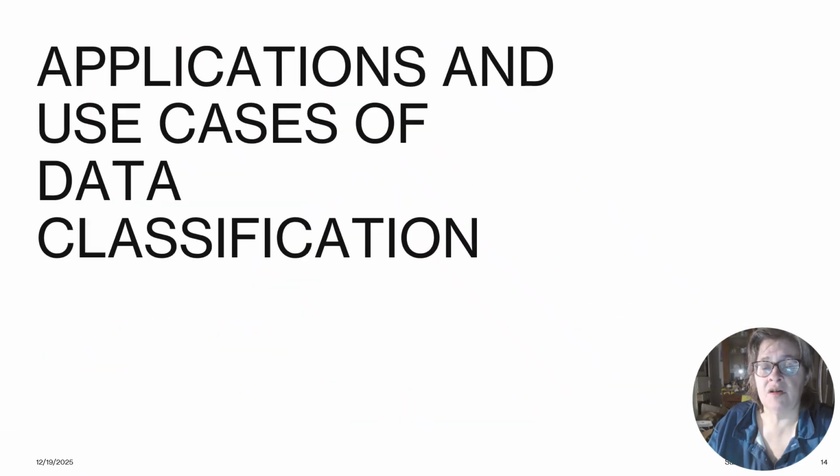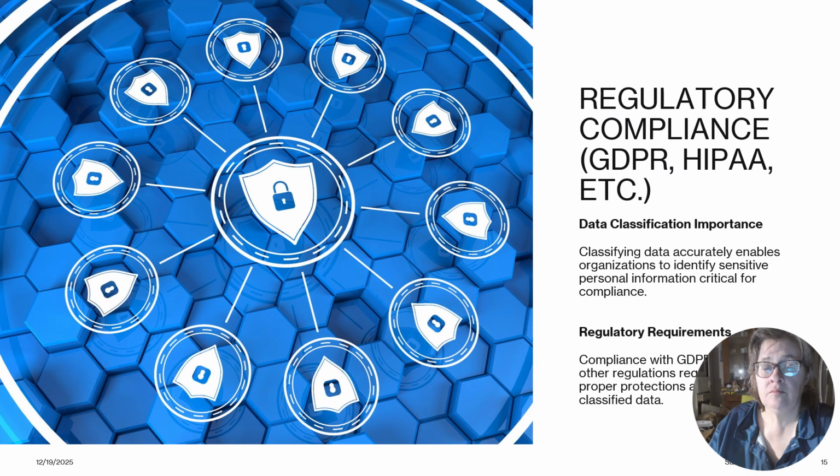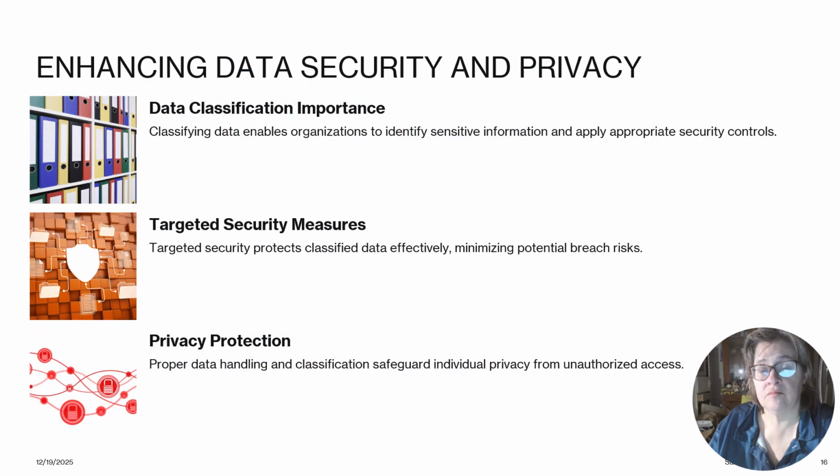This section highlights how data classification supports compliance, security, and governance objectives across different organizational contexts. Data classification helps organizations comply with regulations by identifying sensitive personal data and applying required protections and controls.